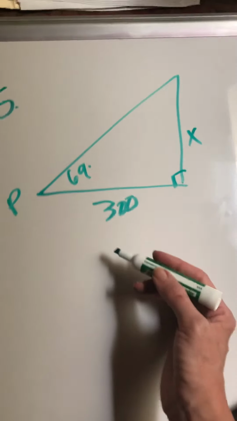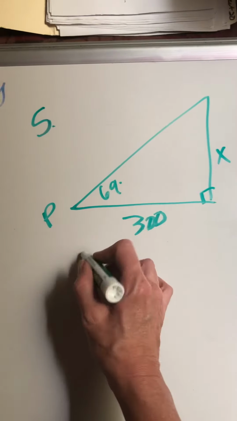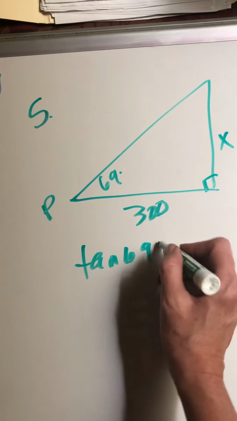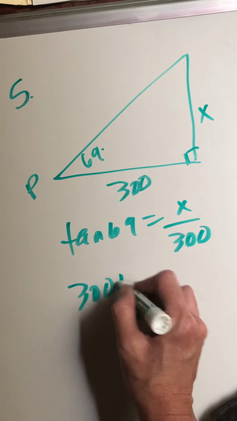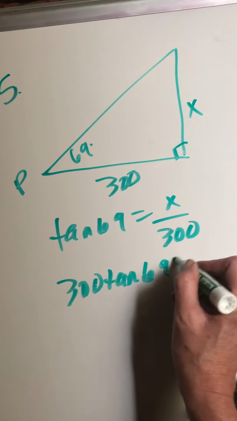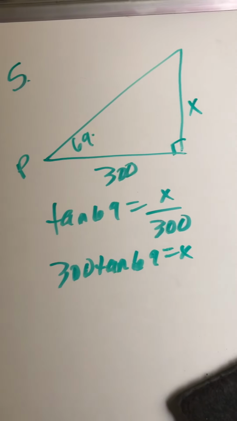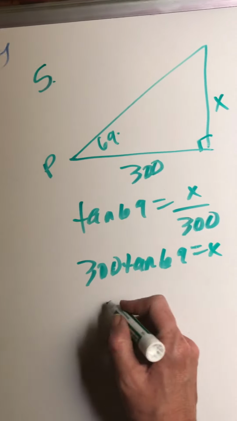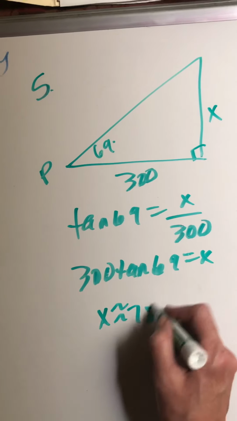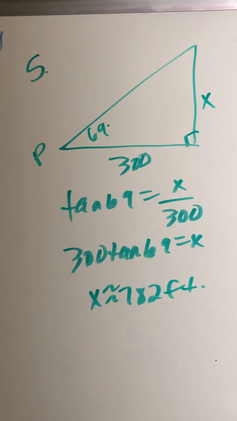We don't have the hypotenuse, so I can't use sine or cosine, so it's got to be tangent. Tangent of 69 equals opposite over adjacent. So 300 tan of the angle. Type that in the calculator, 300 tangent. And then that's going to be about 782 because you have to round it to the nearest foot.